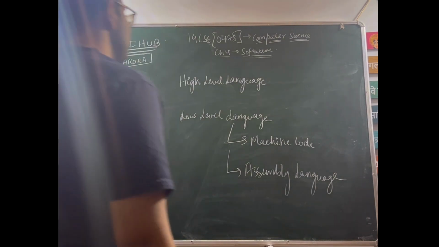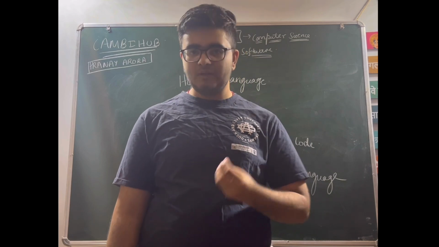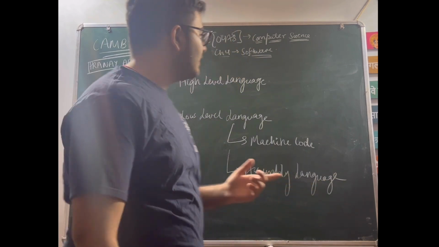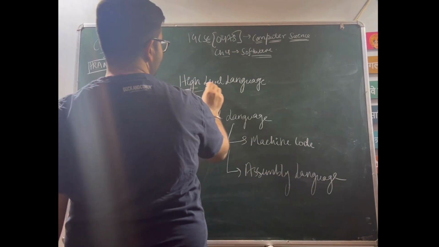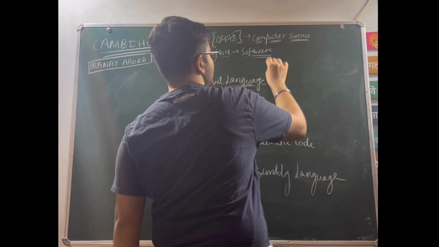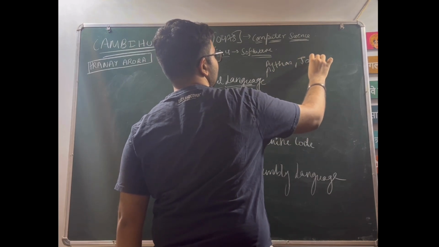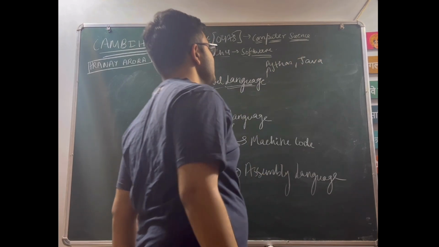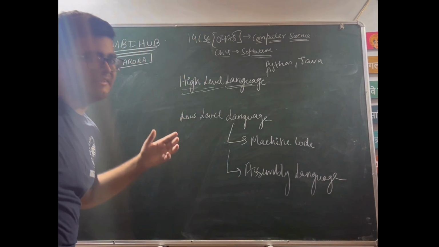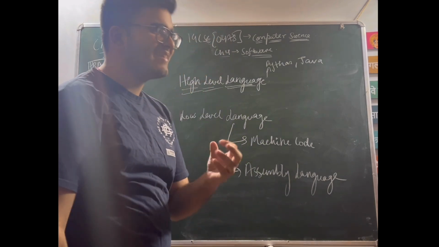Coming to languages, we talked about how high-level languages use English words and how low-level languages use binary. How to identify a high-level language? High-level languages, obviously, Python, Java. How would you identify high-level languages? Where you see English. It's as simple as that.